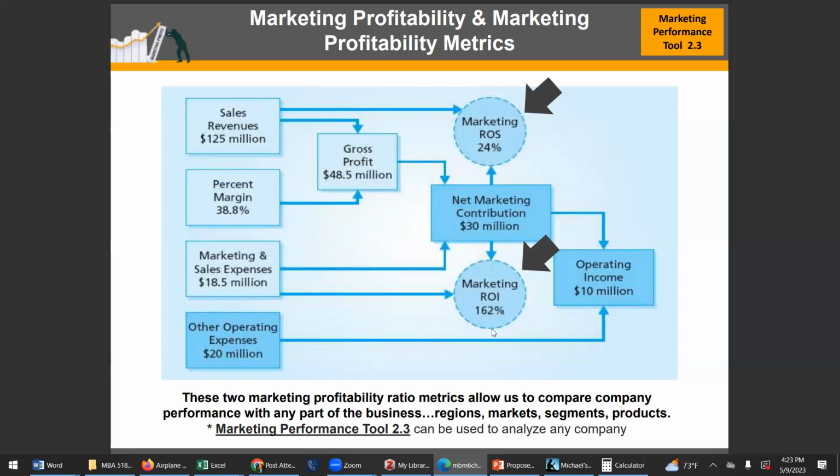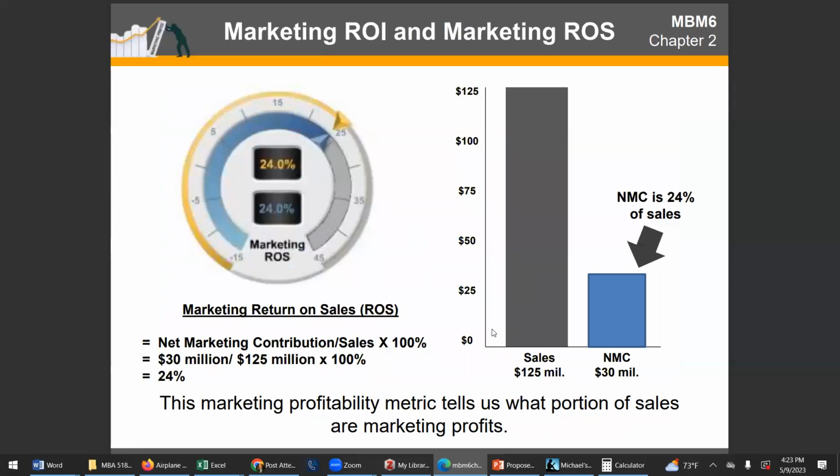Okay. So just as we were talking about before, how did we calculate marketing return on sales?